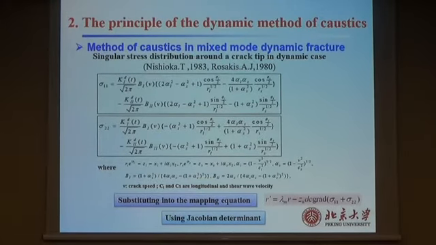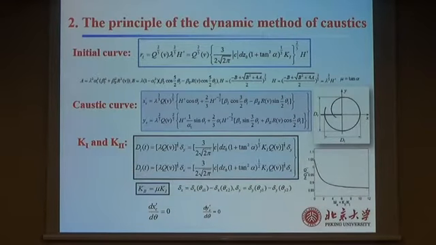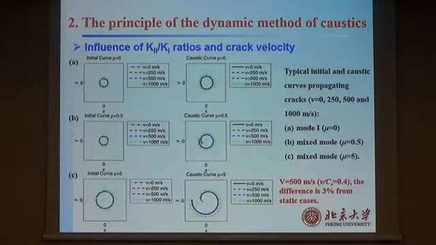So we can use the mapping equation. We can get the caustic curve for the mixed mode, where the ratio mu means K2 over K1. And if you think about only mode 1 fracture with different crack moving speeds, we can find the pattern will change a little bit.